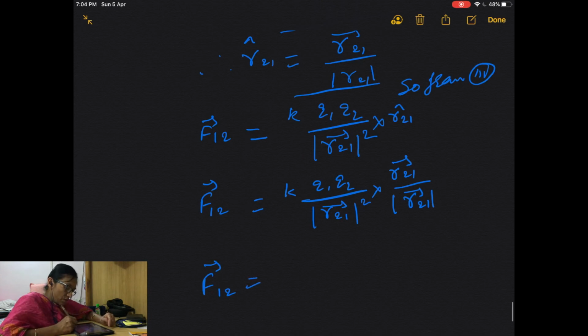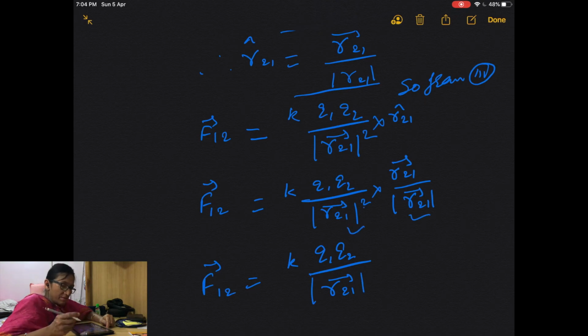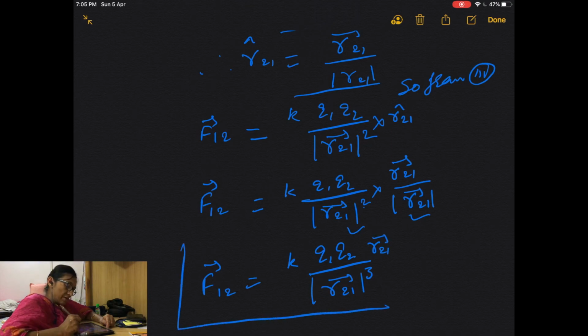So the formula of force becomes K Q1 Q2 divided by modulus of R21 vector, and the square becomes cube here as it is multiplied by one more, so the power becomes 3, and the vector is the displacement vector R21 vector.